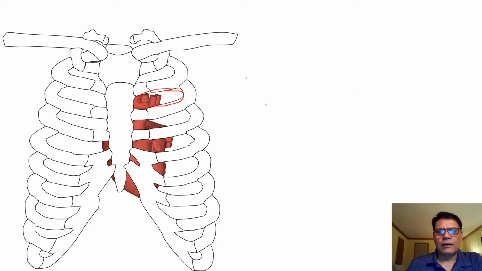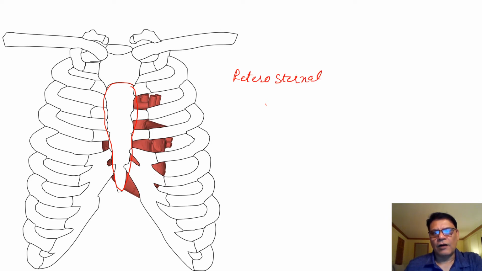Hence, the heart is located behind the sternum, and this is the sternum, the bone of the sternum. It is also called the wishbone. So the heart is also called a retrosternal organ.